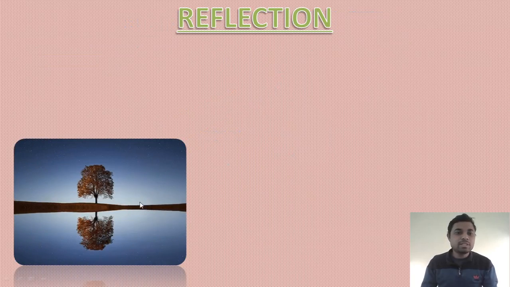Now reflection. Just see dear students, this is a tree and here the water looks like a mirror. The water is here as a mirror. Just see here the reflection of this tree. Is it clear? Suppose this is a triangle and this is a mirror.